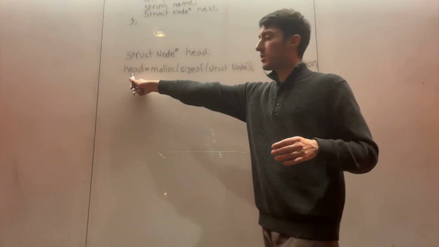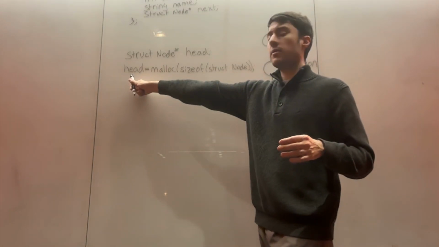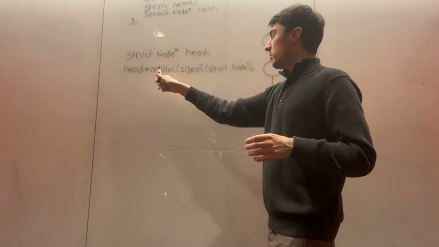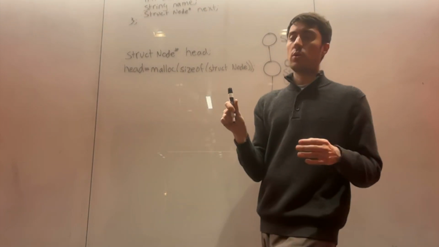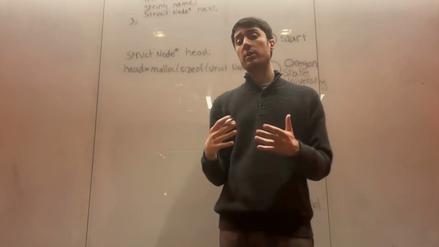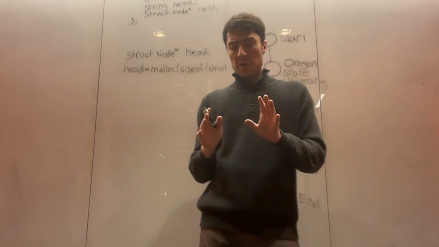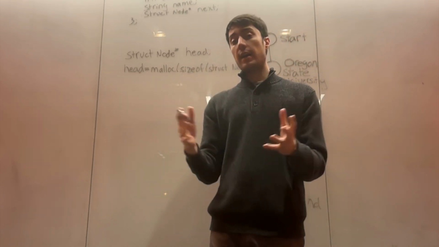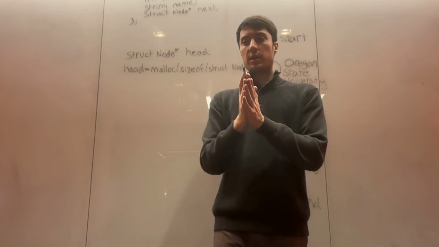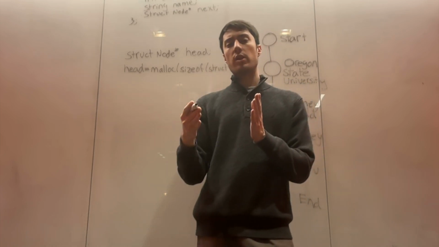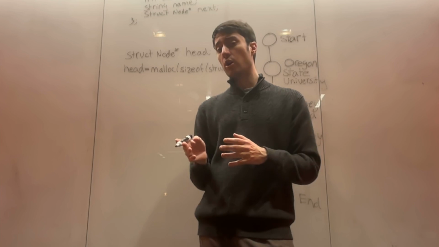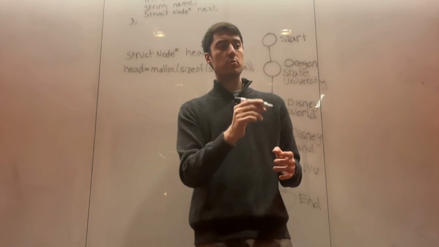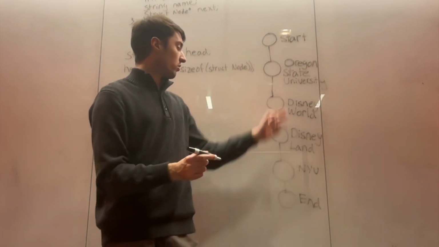Now we have head here again, and now we're going to use this malloc function. What malloc does is called dynamically allocating memory. The reason why we need to dynamically allocate memory is because when we're running our program, we don't necessarily know how many data points we want to store in our linked list.